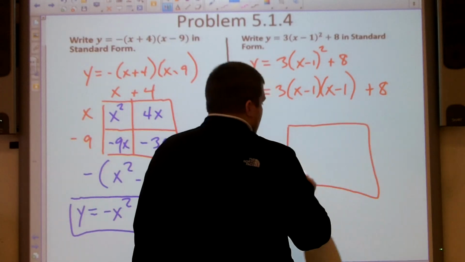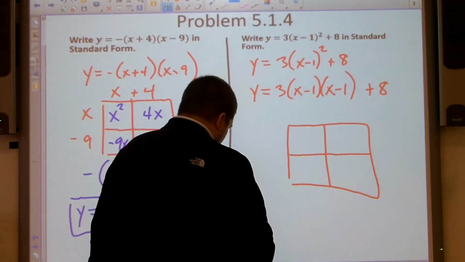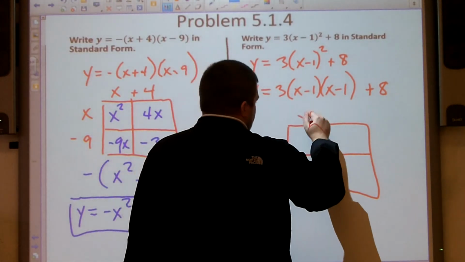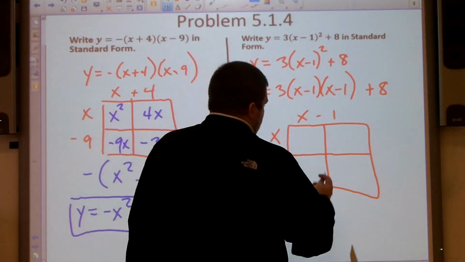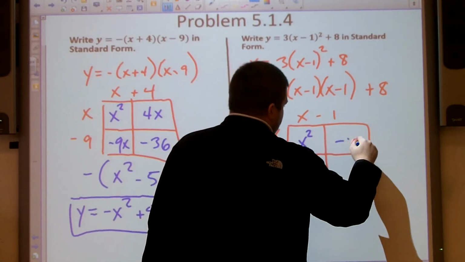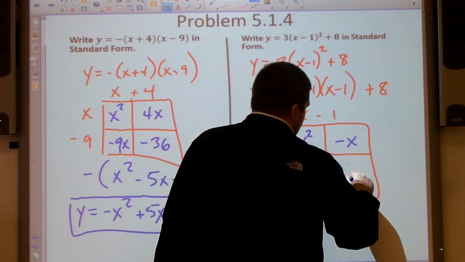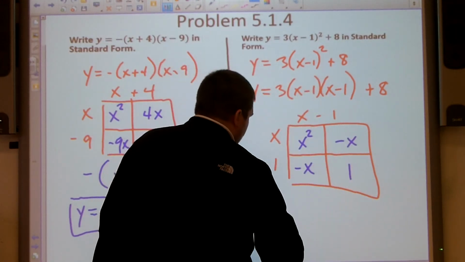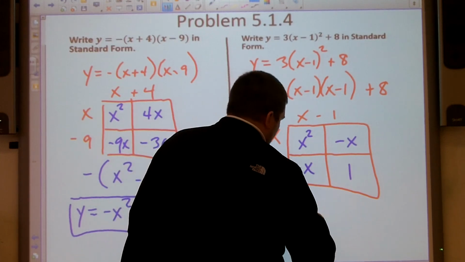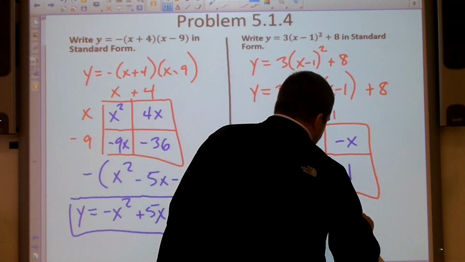Okay? So the name of the game here is baby steps. Don't try to do all this at the same time. So x minus 1, x minus 1. So I have x squared minus 2x plus 1. So really on the outside here, what I have is 3 times x squared minus 2x plus 1.